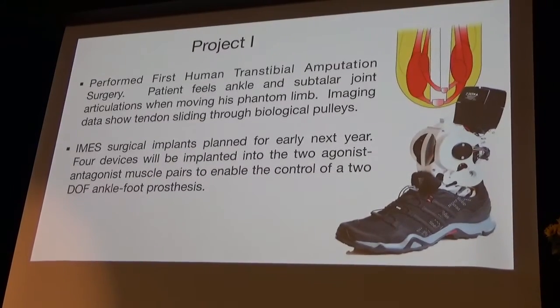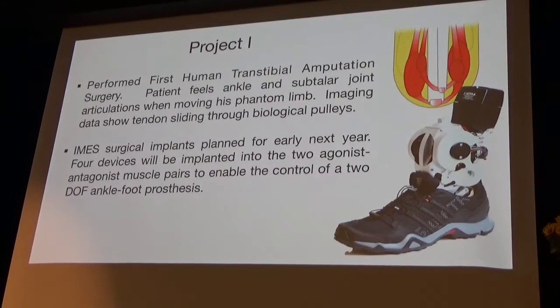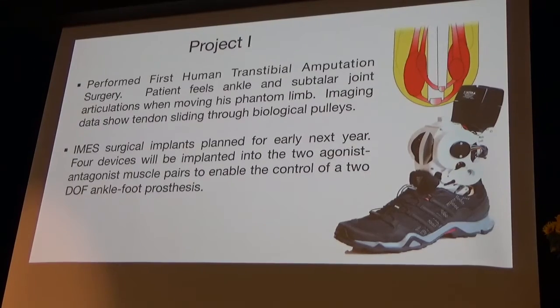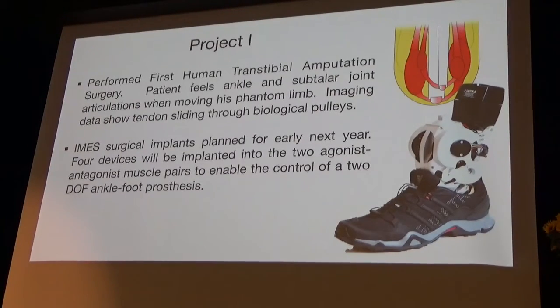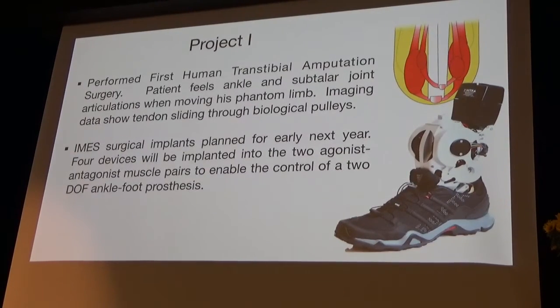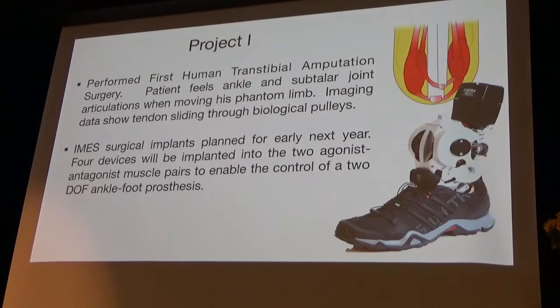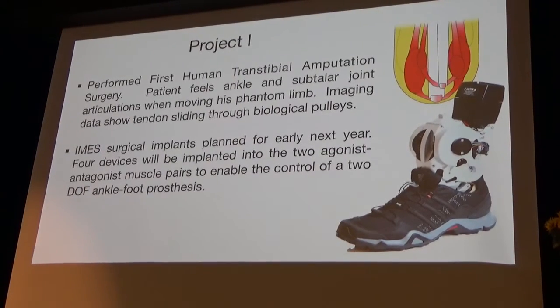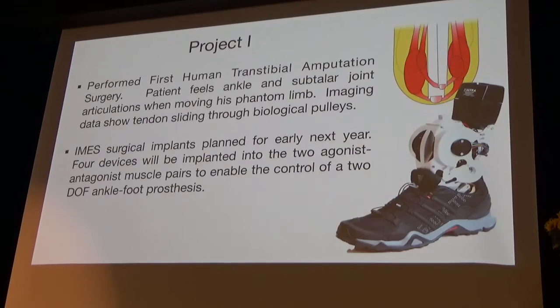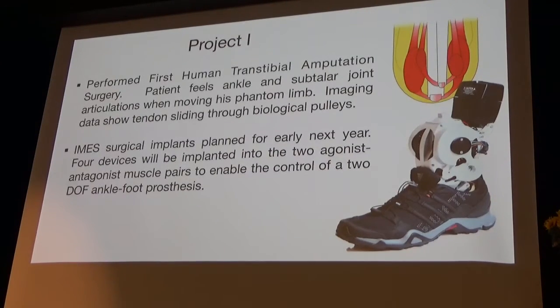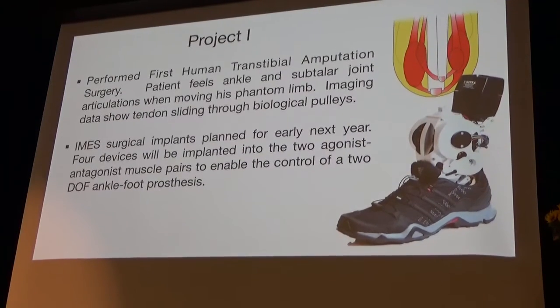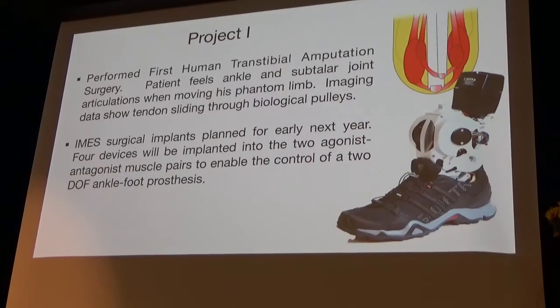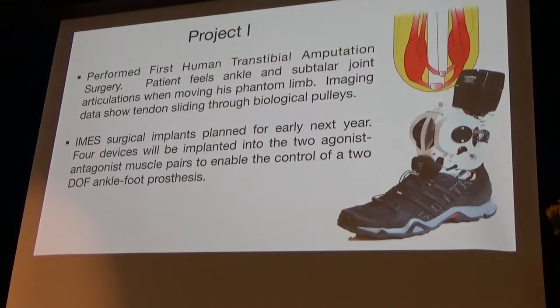And when we image, we actually see the muscles contracting and being stretched in agonist-antagonist pairs. As a first step, we're going to implant IMES, implantable myoelectric sensors, four of them, one in each muscle body, and directly do neural efferent control of a two-degree-of-freedom foot-ankle and explore balance augmentation, for example.